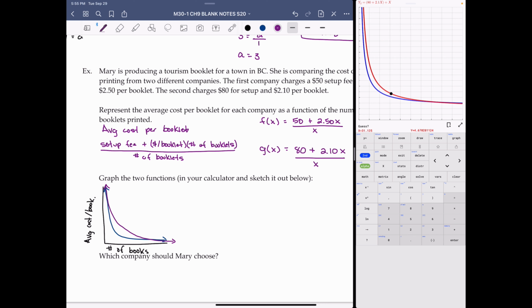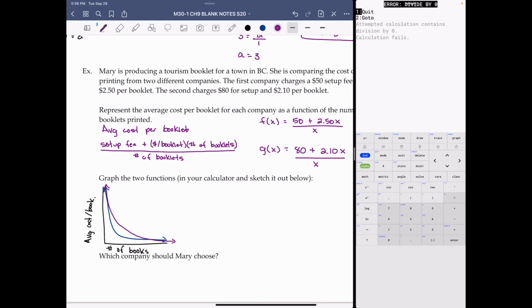Hit enter. Do I want to guess? No. Hit enter again. Okay, I don't know why it does that. So using my Casio calculator, I get x is 75 and y is 3.17. Hopefully your calculators do not do whatever this one is doing on the iPad.